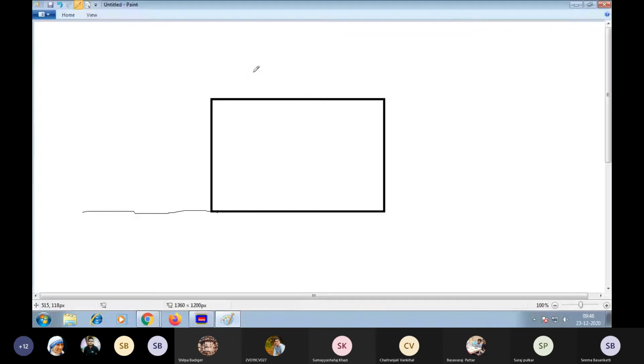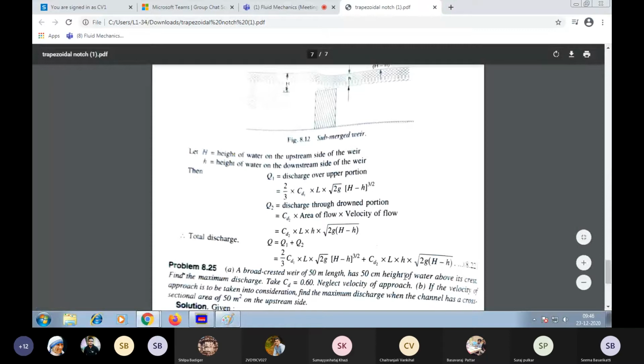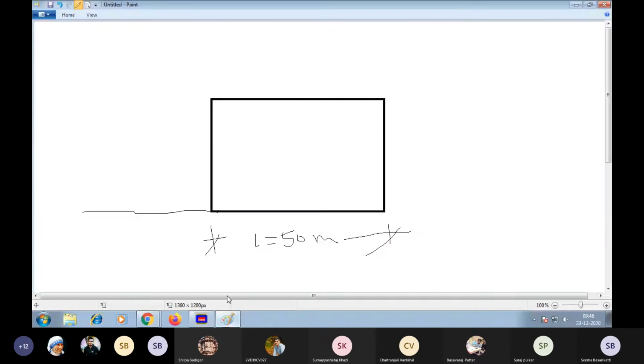It is 50 meter length, and has 50 centimeter height of water above its crust. Now this 50 centimeter height, where are you going to take it? That is capital H is equal to 50 centimeter. What is the value for CD they have given? CD equal to 0.60.